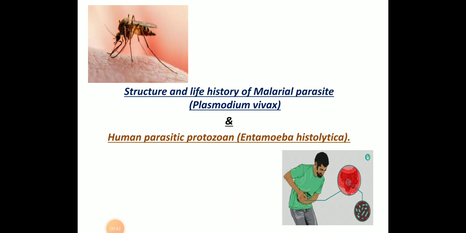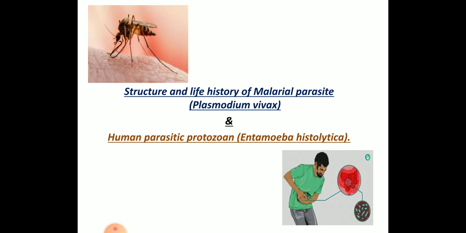We are all familiar with the word malaria. It is a type of disease which is spread by the bite of the female mosquito. But you should know that the mosquito is only the vector; the parasite which causes malaria is Plasmodium vivax.